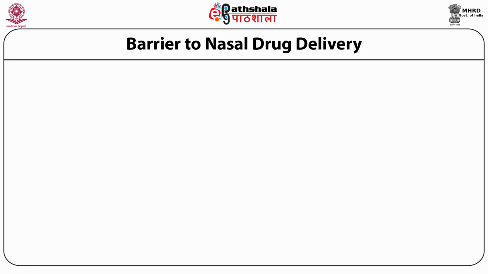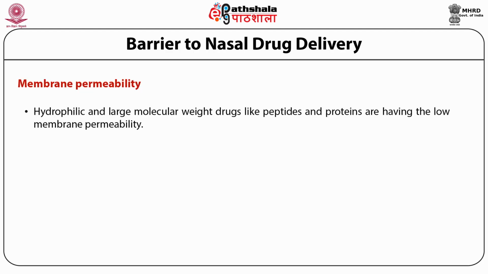Barriers to nasal drug delivery. Like in the case of ocular drug delivery, nasal drug delivery also offers certain barriers. They can be very quickly summarized as follows. Number one, the first barrier is the membrane permeability. Hydrophilic and large molecular weight drugs like peptides and proteins have low membrane permeability.